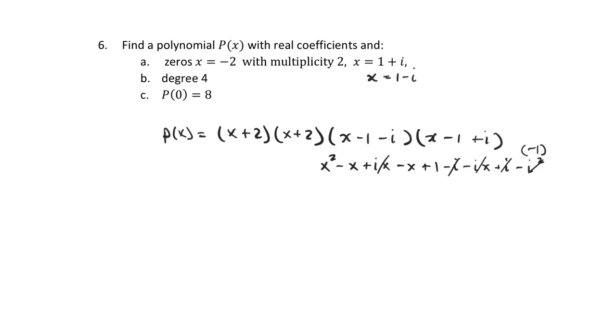So this becomes minus negative 1, which is a positive 1, which we can add with that positive 1 to make positive 2. And then negative x and negative x combine to negative 2x, and then we have the x squared there.